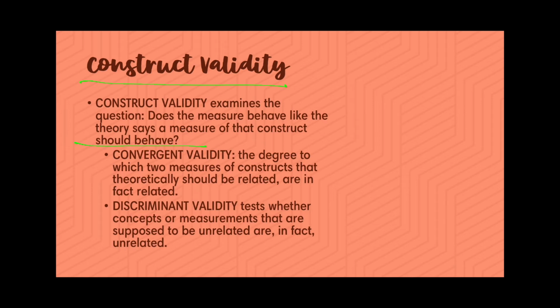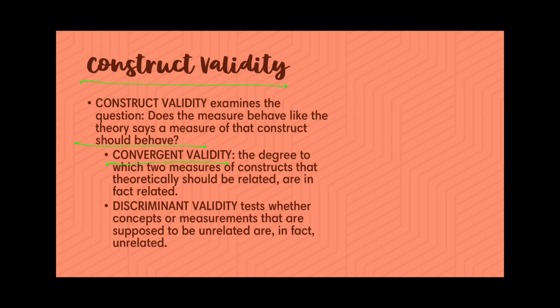Now, other than looking at the theoretical fit of your instrument, you can also do convergent validity. Convergent validity is the degree to which two measures of constructs that are theoretically supposed to be related are in fact related.